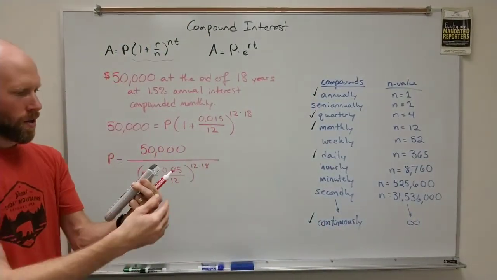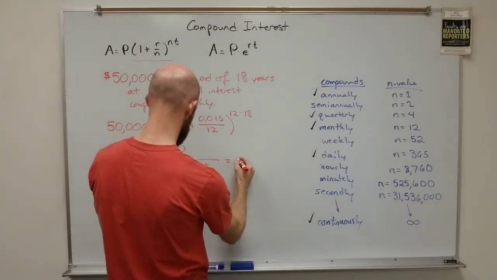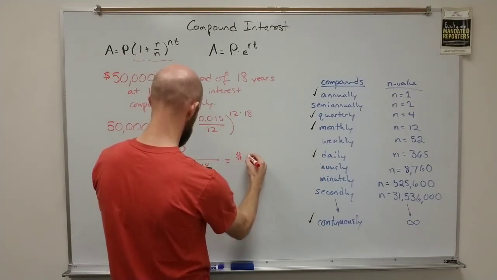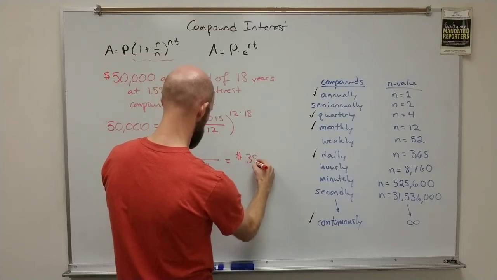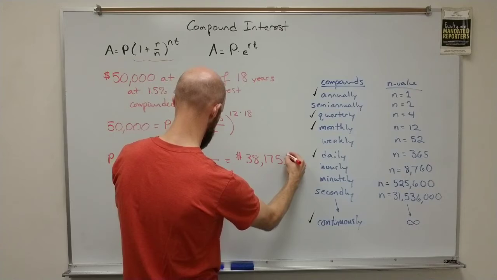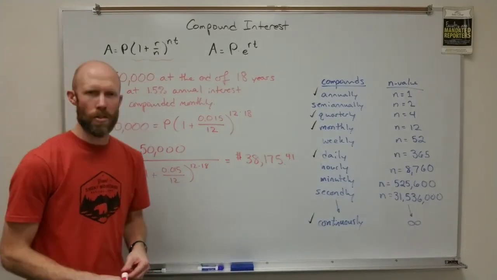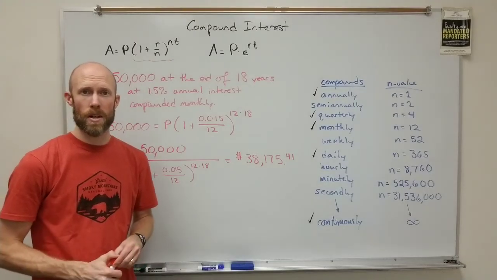So, it looks like a value similar to what we've been calculating in the other example, $38,175.41.